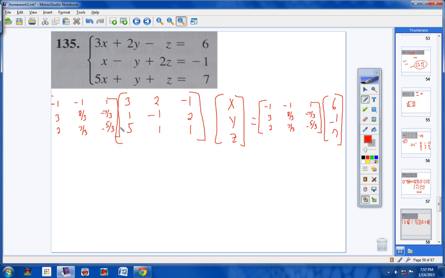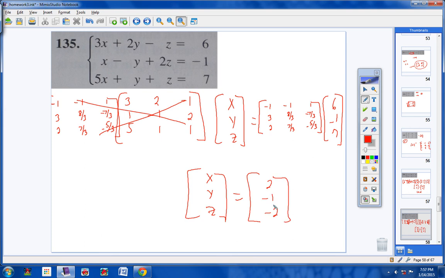So over here on the left side, these two matrices cancel out, and you're left with x, y, z. On the right side, when you multiply these two matrices together, using your calculator, of course, you will get out 2, negative 1, negative 2. I've already checked that in the back of the book. That is the correct answer. And so your answer would be 2, negative 1, negative 2 for x, y, and z, okay?